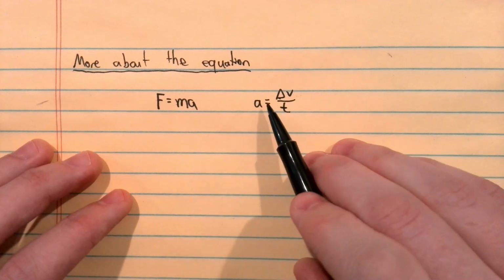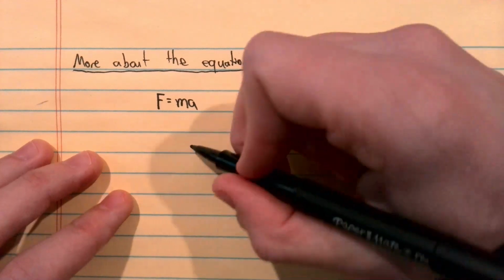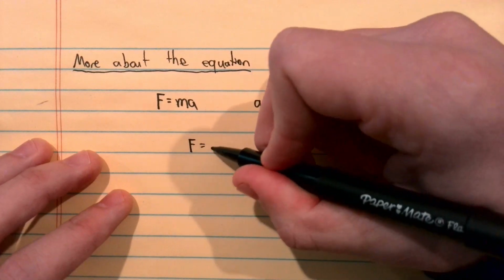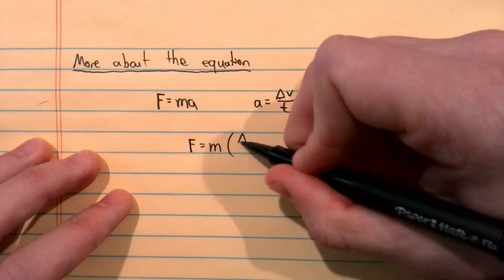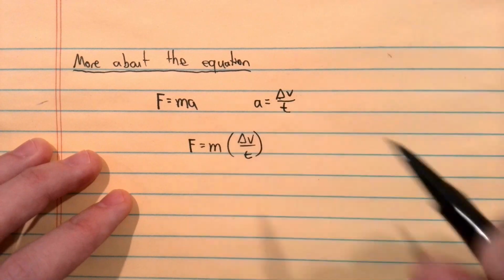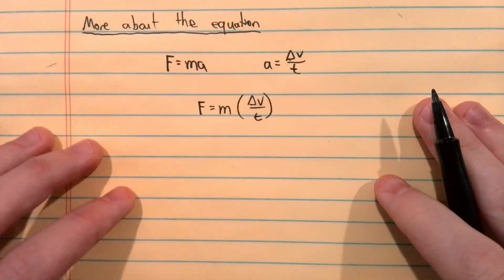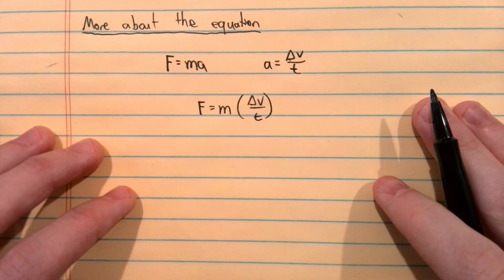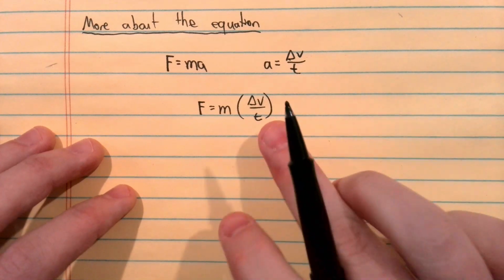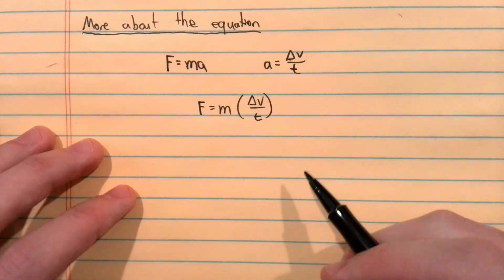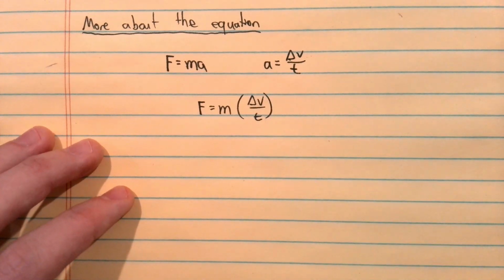So we'll plug that in for a. F equals m times delta v over t. Just playing around with the equations. This is how most of physics is done, just making stuff up. Now I'll multiply both sides by t. Seems like something to do.